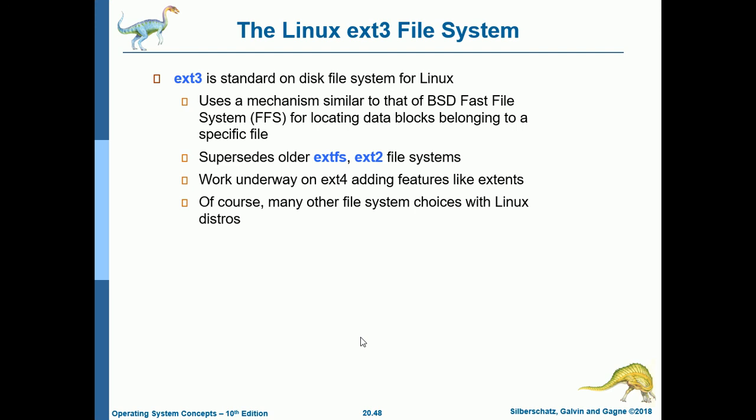It builds on ext2fs, the earlier file system, and ext3 is the newer one used by Linux. Work is underway on ext4, adding features like extents, and of course there are many other file system choices with Linux distributions.